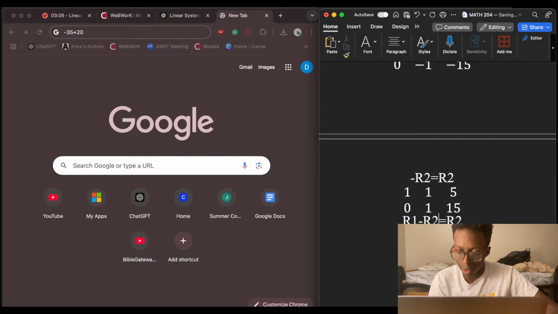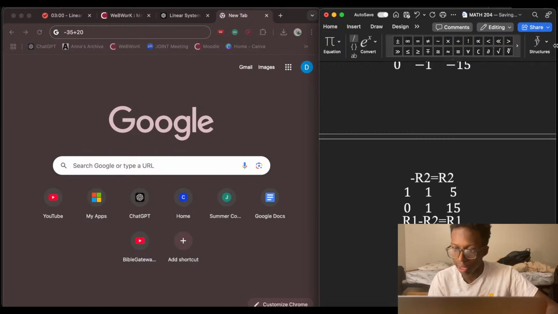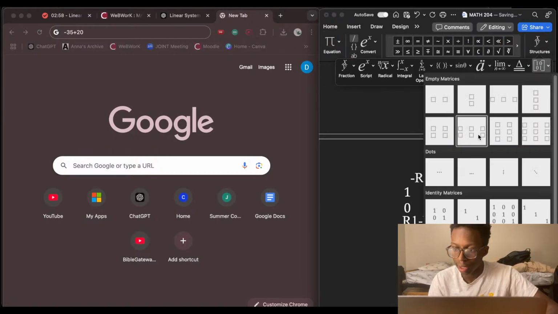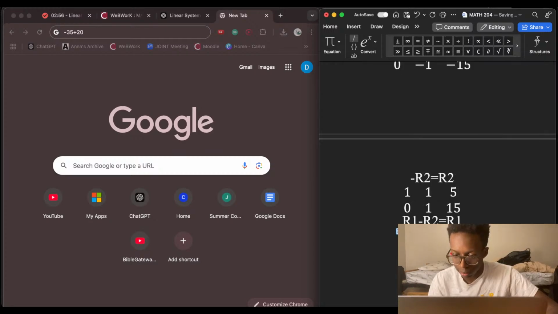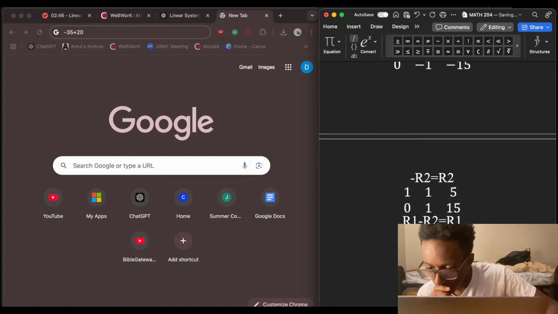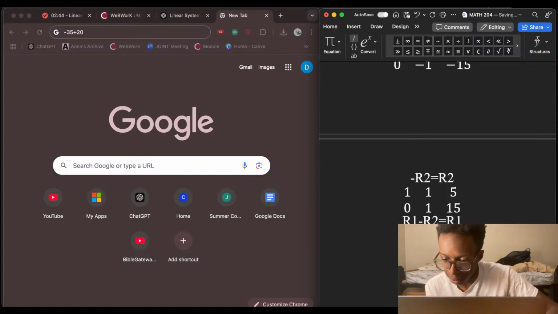What kind of 10 is this? Row 1, and then you go Control E. Boom. 1, 0, 0, 1, and then you add in the R1.